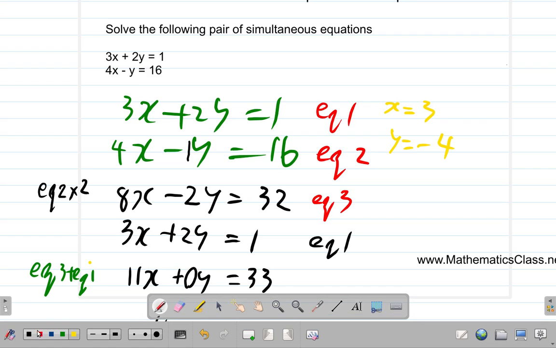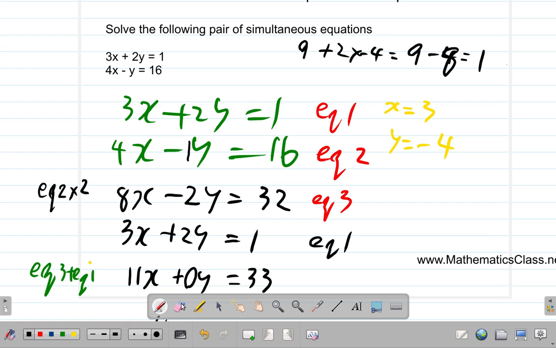Alright, before we finish up, well, we're not going to really finish off yet. Let us test it, just to see if everything is alright. 3 times x is 3 times 3, which is 9, plus 2 times negative 4. That is 9 minus 8 gives us 1.